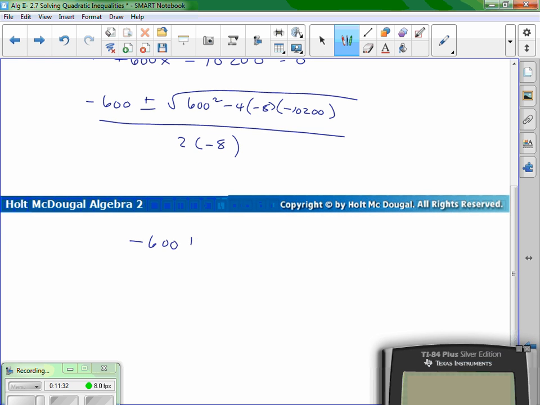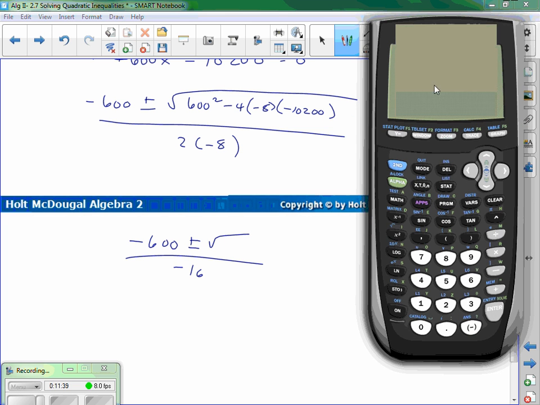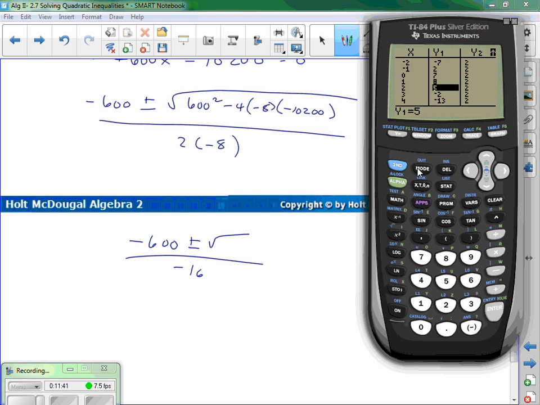Negative 600 plus or minus the square root of something over negative 16. 600 squared minus 4 times a times c. We get 33,600.